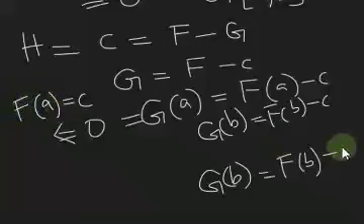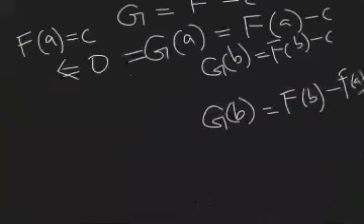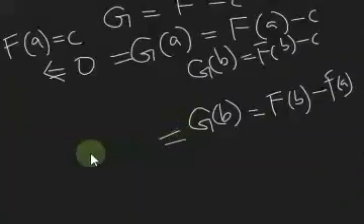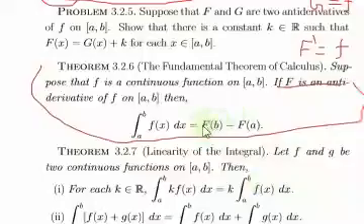Now look at the definition again. G of x is this, so G of b is the integral from a to b of f of t dt, where t is the dummy variable. So we showed that the integral from a to b of f of t dt is equal to F of b minus F of a, where uppercase F is an antiderivative of f.